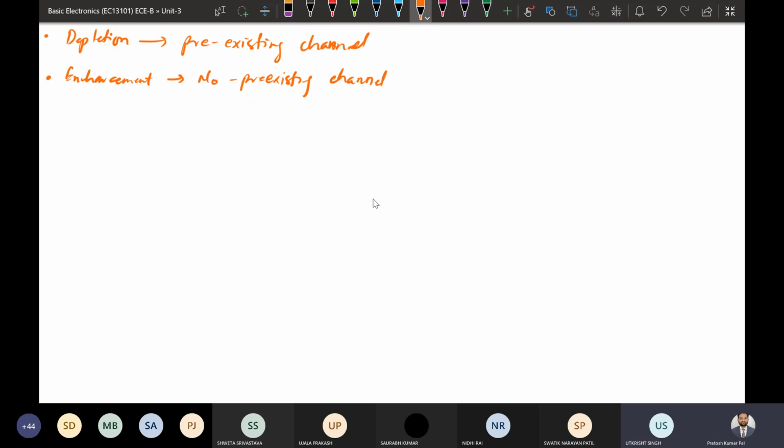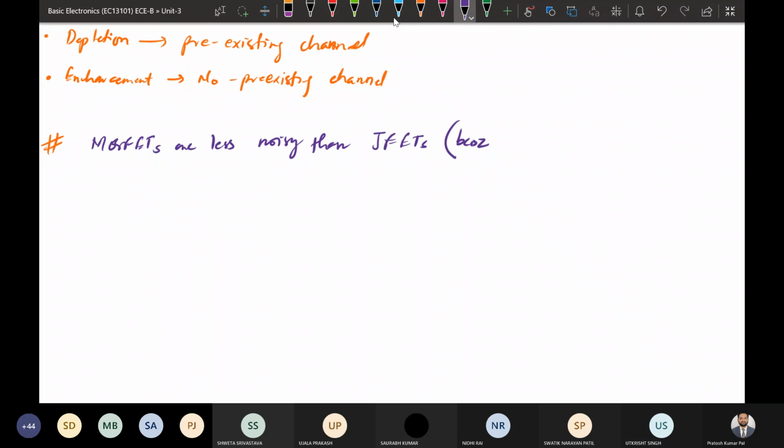In case of the difference we can talk about, MOSFETs are considered to be less noisy than JFETs because in MOSFETs we have four terminals.